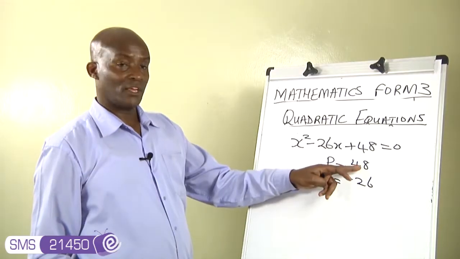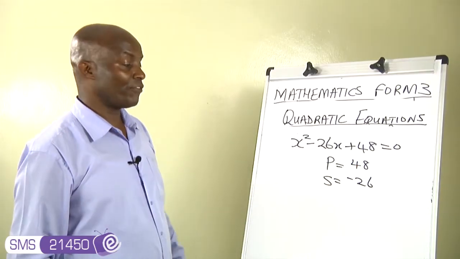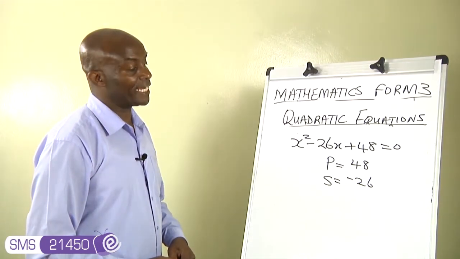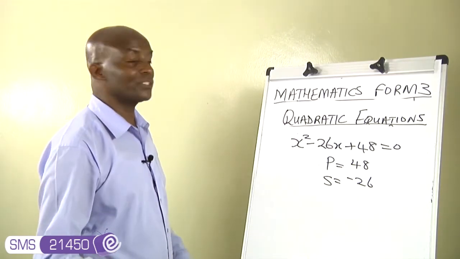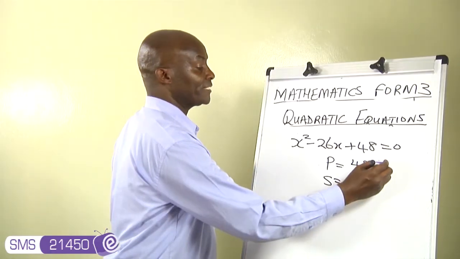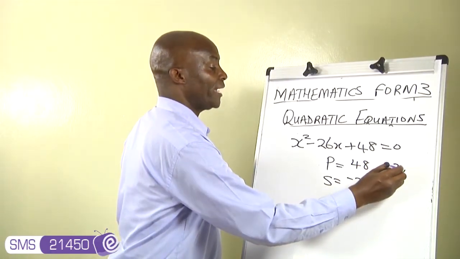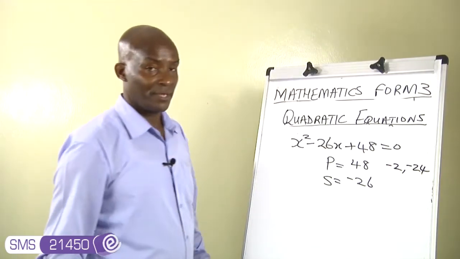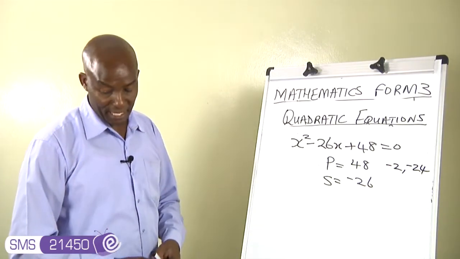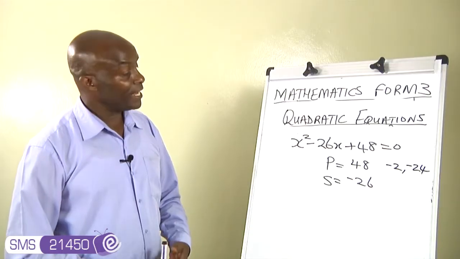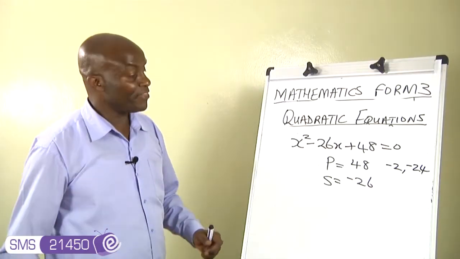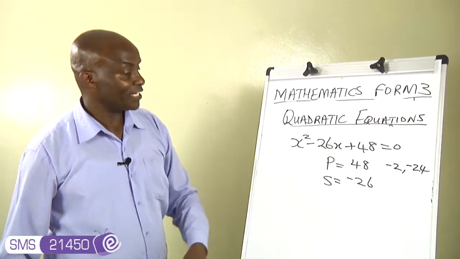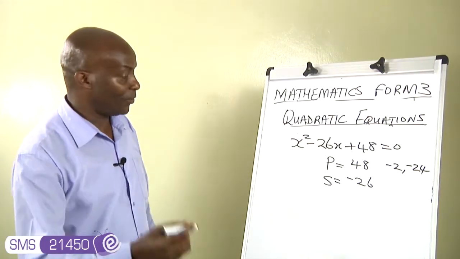So we find two factors of 48 which when added give us negative 26. And that of course is possible because we can say it is negative 2 and negative 24. And that will work by factor method. However, some questions may not be that straightforward. So I want to leave this to you to solve at your own time.